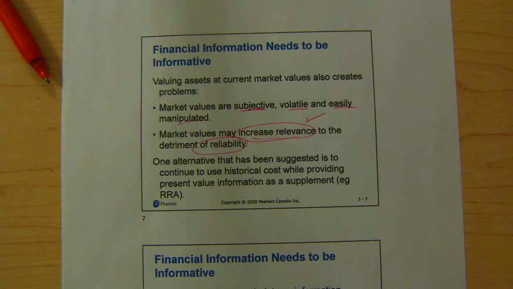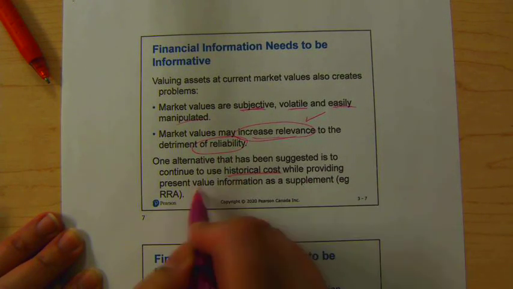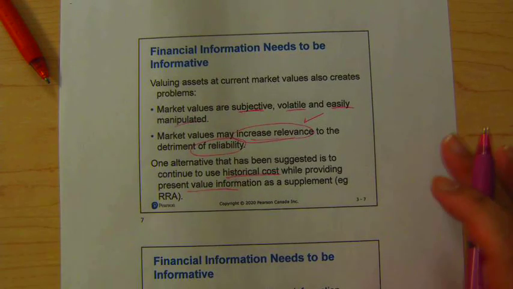Kind of like they do with reserve recognition accounting for oil and gas. So that's one way to build in extra information without hurting what you perceive as the quality of the financial statements. So one alternative is to use historical cost while providing present value information as a supplement.